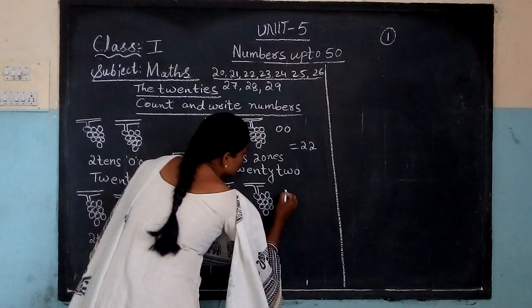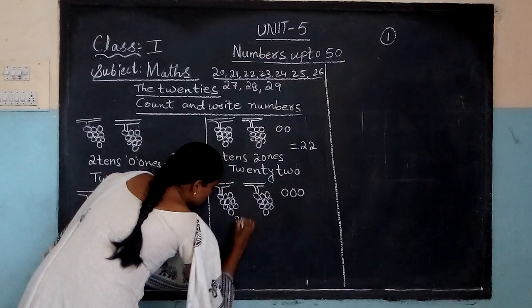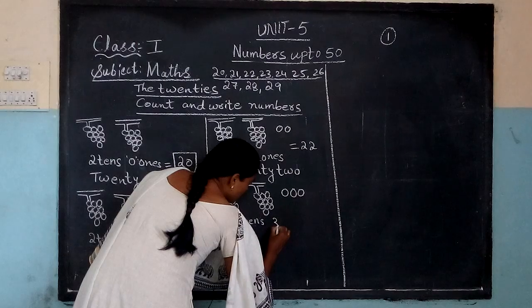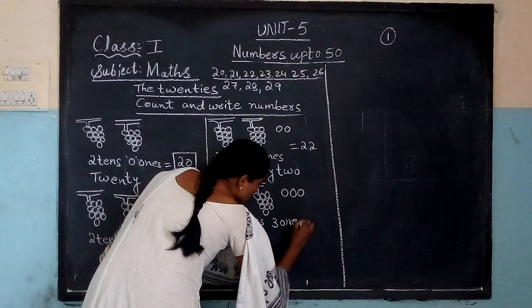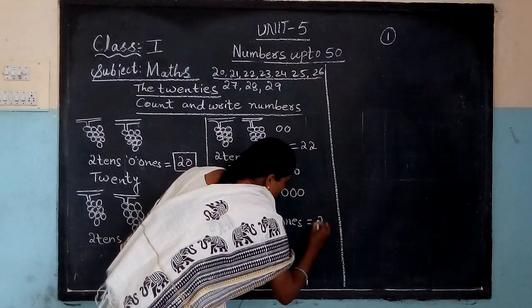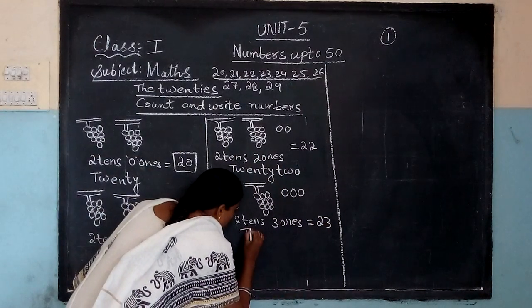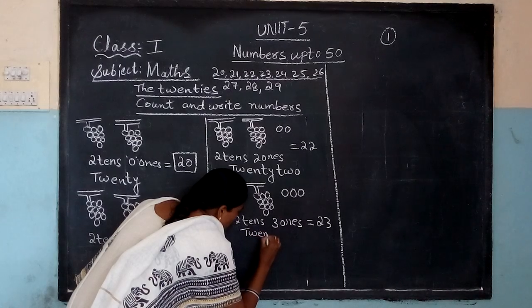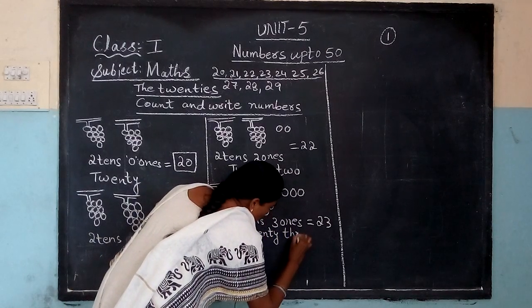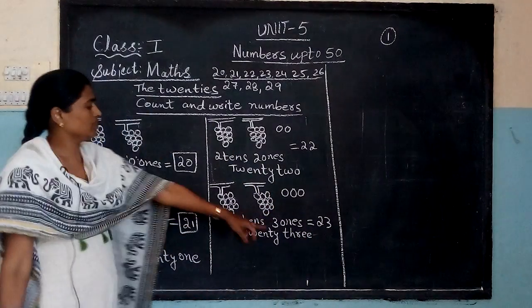Next, how many singles? 1, 2, 3. 2 tens and 3 ones is equal to 23. Spelling of 23, children. TWENTY, 20. THREE, 23. Now 23 is complete.